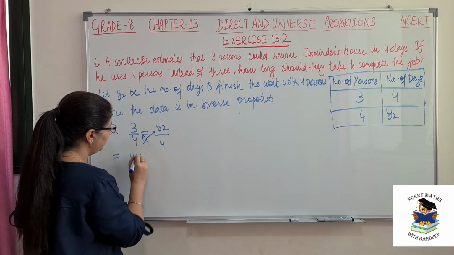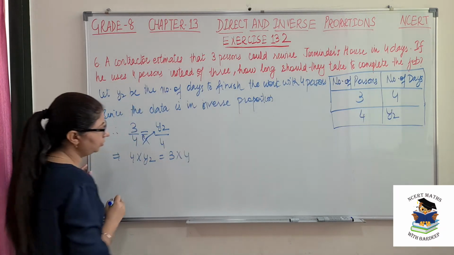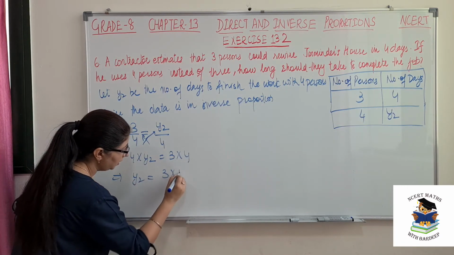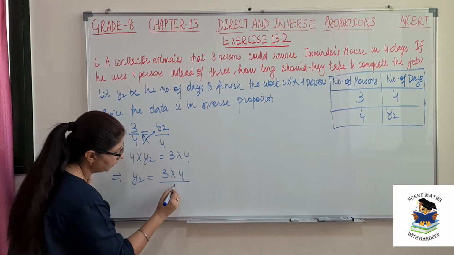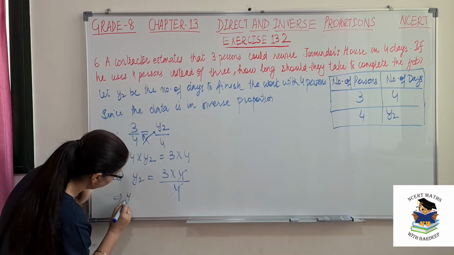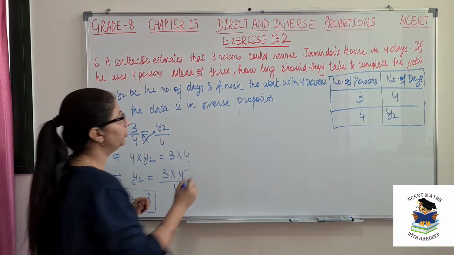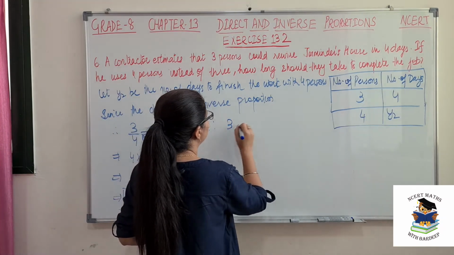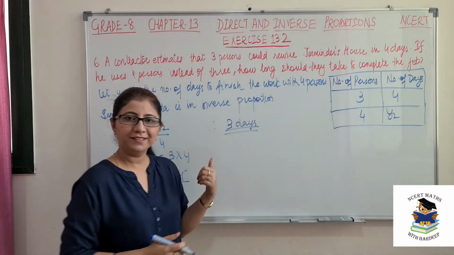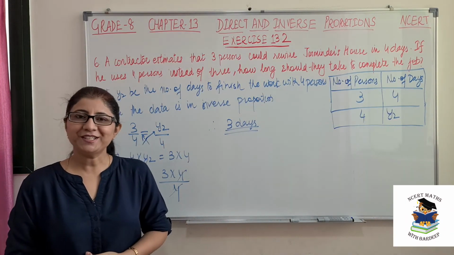So 4 into y2 is equal to 3 into 4. So now what is y2? This is 3 into 4. This 4 will come here and they will get cancelled. So y2 is equal to 3. Therefore, 3 days. Work will be finished in 3 days. So this is our 6th question. Now let's move on to the next one.